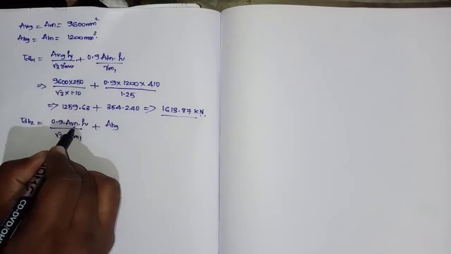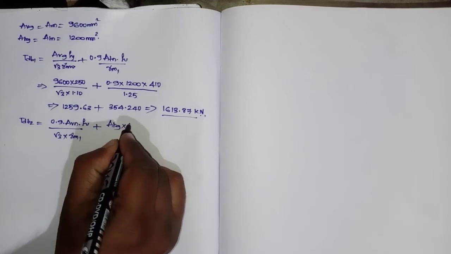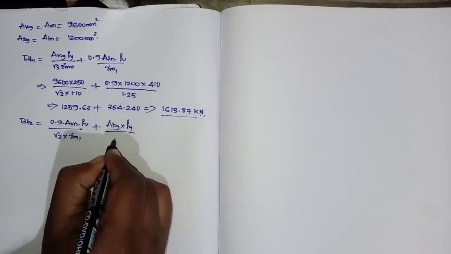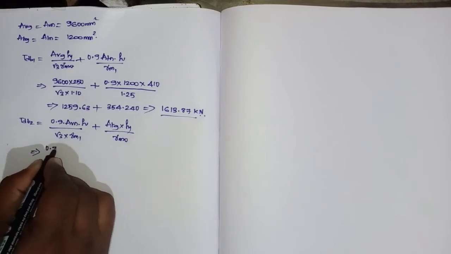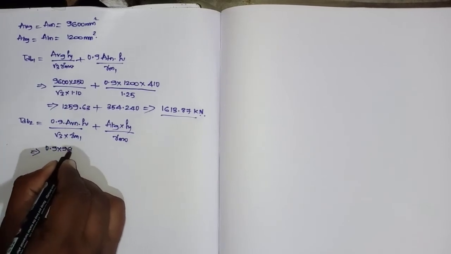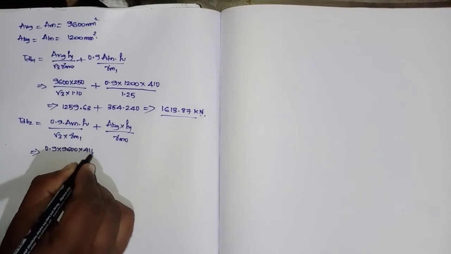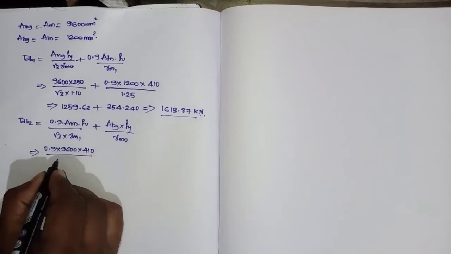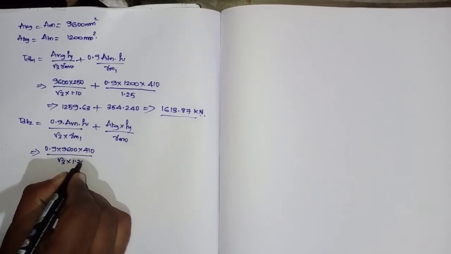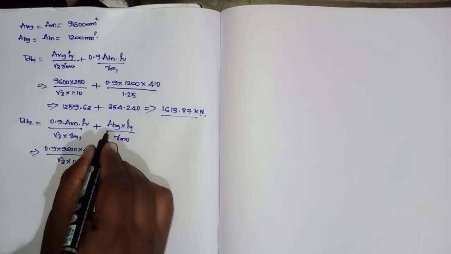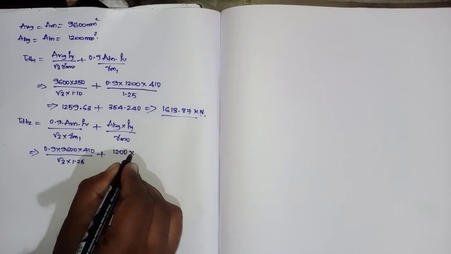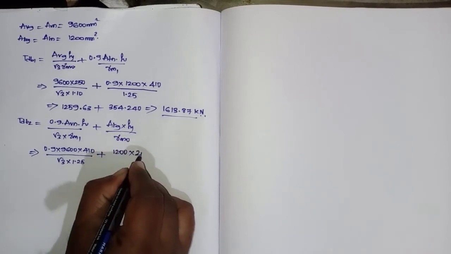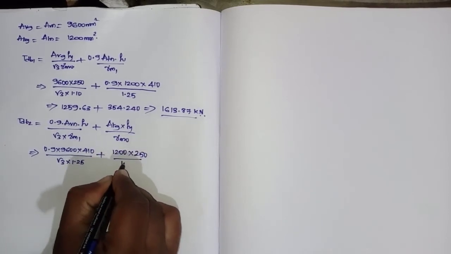Here net shear will come, gross tension will come, right? Gamma m0. Okay, so 0.9 into 9600 into 410 divided by root 3 into 1.25 plus what is ATG? 1200 into Fy 250 divided by 1.10.